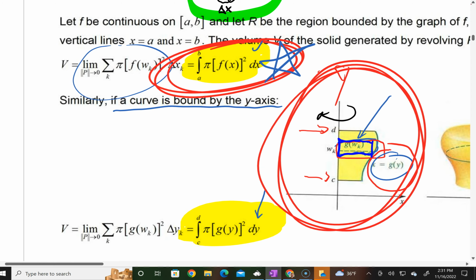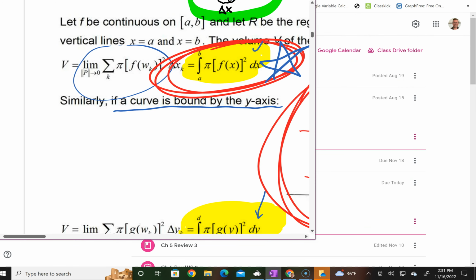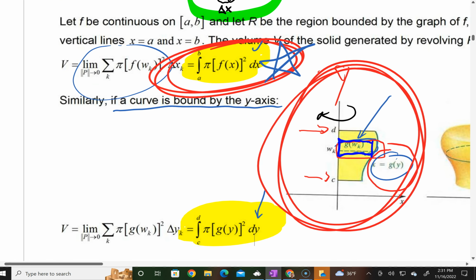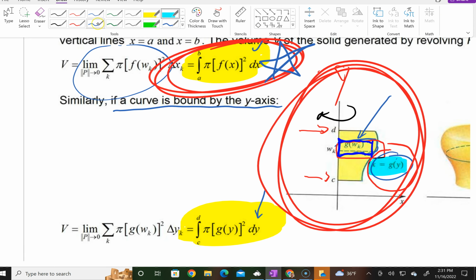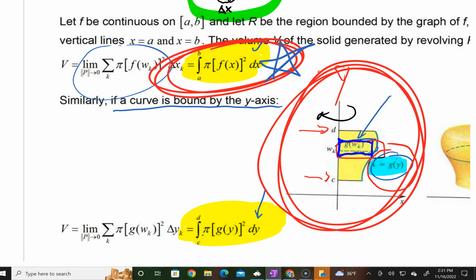In other words, we need to have our functions with respect to y, and we're integrating with respect to y. My integral has y boundaries. I still have pi r squared, and then we'll have a differential.